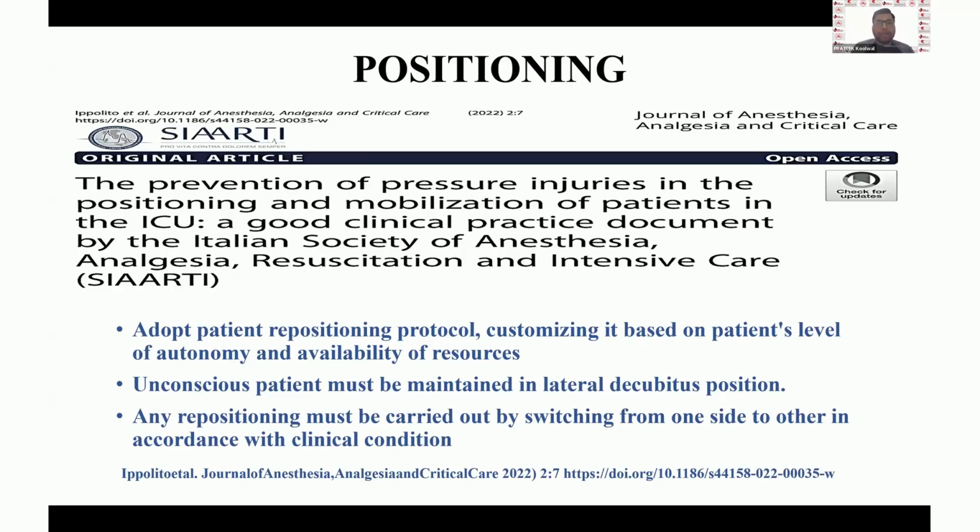An unconscious patient must be maintained in lateral decubitus position, not in supine position, because they can't turn over. Any repositioning must be carried out by switching from one side to the other in accordance with the clinical conditions. If the patient doesn't allow left side turning, you can go for right side turning, to avoid pressure injuries.